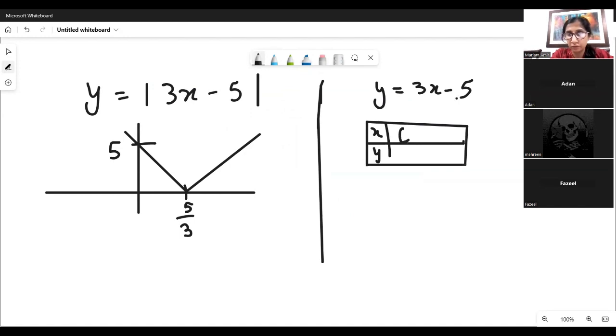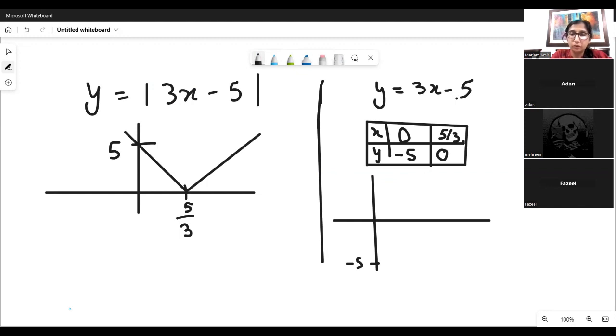When x is 0, y is going to be -5, and when y is 0, x is going to be 5/3. Let's draw this. When x is 0, y is -5, somewhere over here, and when y is 0, x is 5/3, somewhere over there.